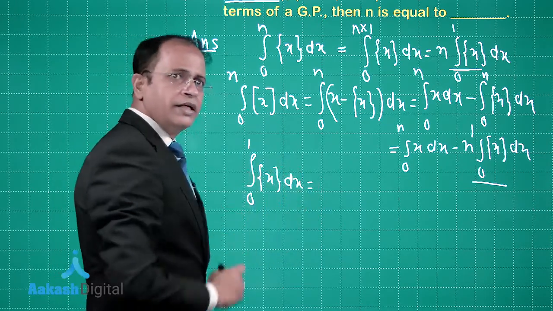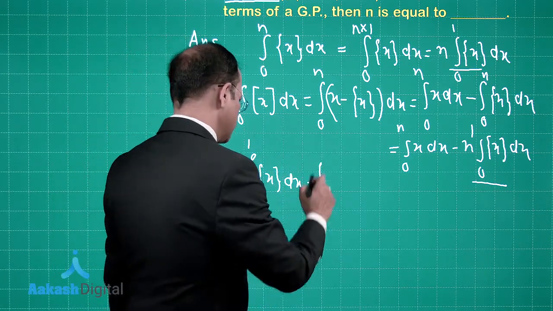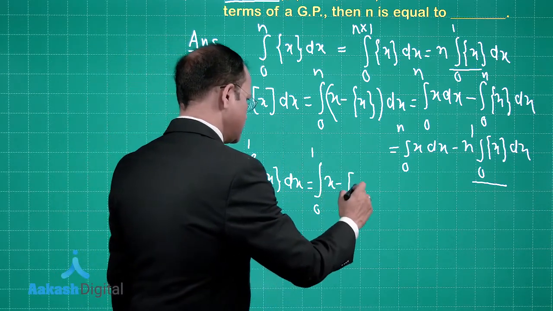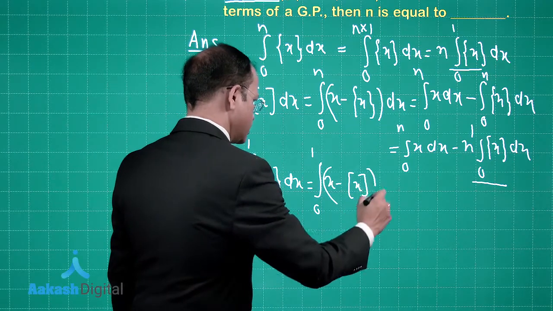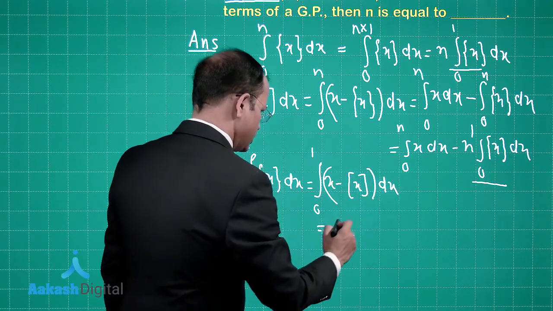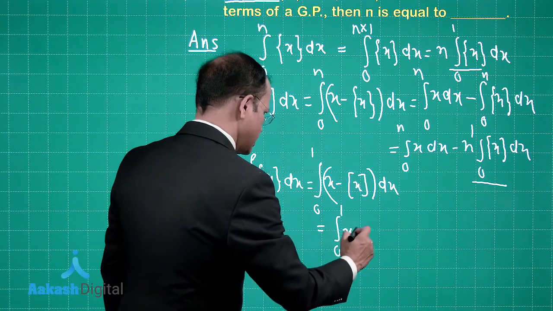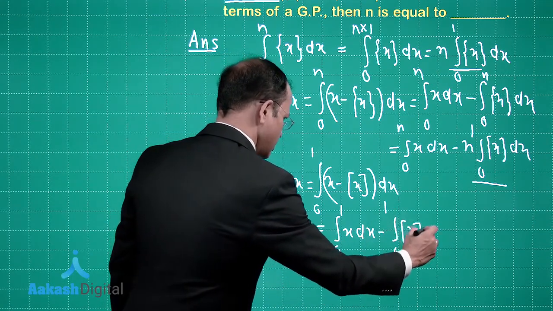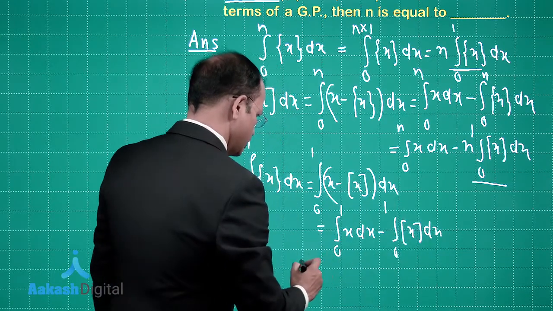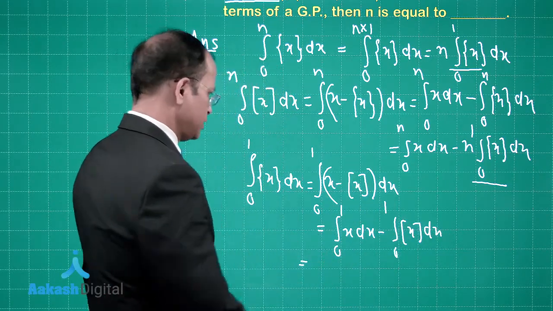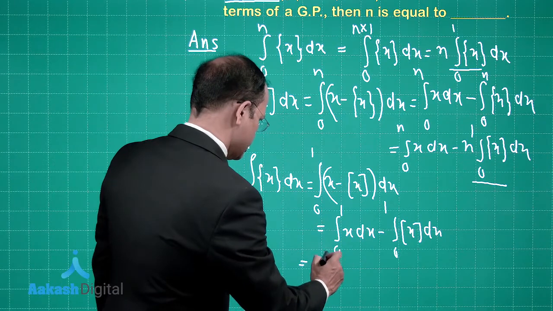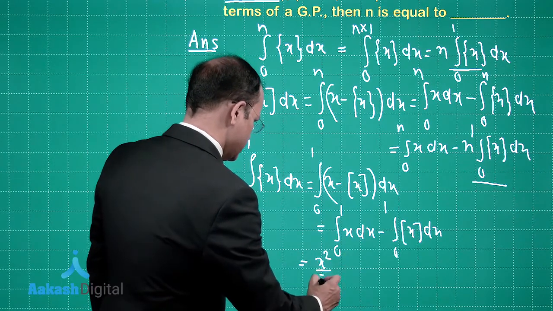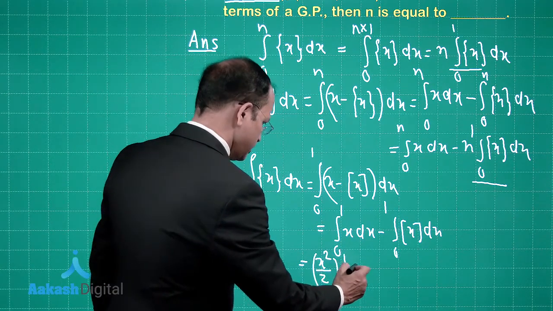So it can be written as the integral from 0 to 1 of x minus the greatest integer of x dx. So we can write the integral from 0 to 1 of x dx, my dear students, minus the integral from 0 to 1 of the greatest integer of x dx. This second part is going to be 0, right? So this is nothing but x square upon 2 from 0 to 1, which is 1 by 2.